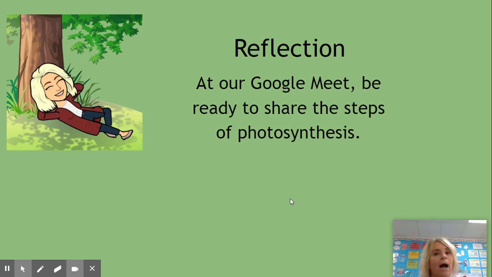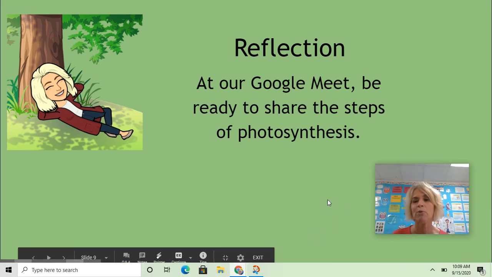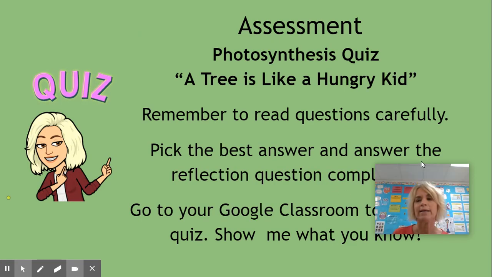Because remember, a plant can't just pull up their roots and go to McDonald's and get something to eat. A plant has to make its own food. So photosynthesis is needed, and the leaves have a very important job. After our Google Meet, then I'll ask you to take a quiz.